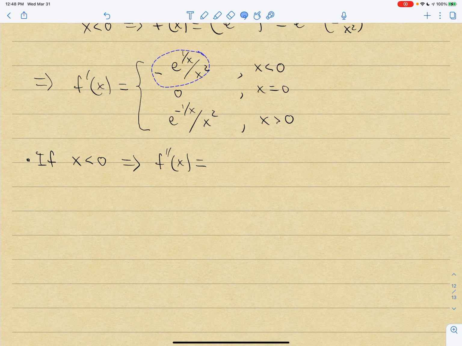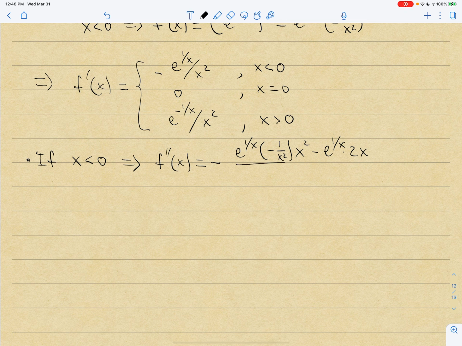I still have the minus sign in front. Derivative of the top, the derivative of e to the 1 over x, is e to the 1 over x times minus 1 over x squared, times the bottom, which is x squared, minus the top times the derivative of the bottom, that is 2x. And then the denominator is the bottom squared, so that should be x to the 4th.